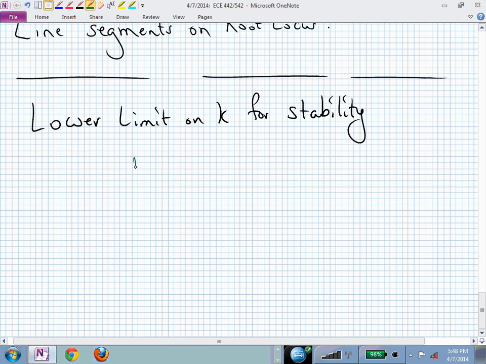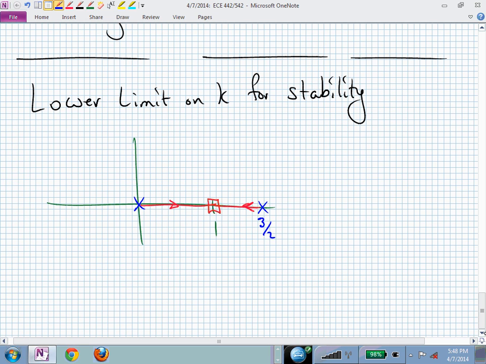And really what we're doing is we are saying, here is our point that governs stability, and we want to get that branch that's probably starting at 3/2 over to that point z = 1. Now, how do we find the gain K to get us there?